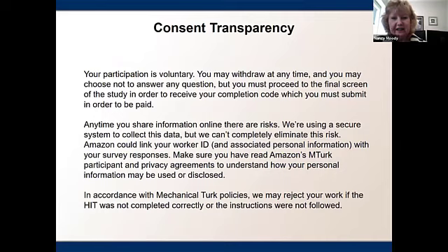In this case, you say that Amazon can link the data to the worker, and that you make sure that you're using a secure system to collect the data, but we can't completely eliminate this risk.